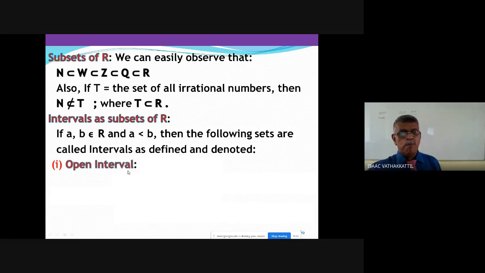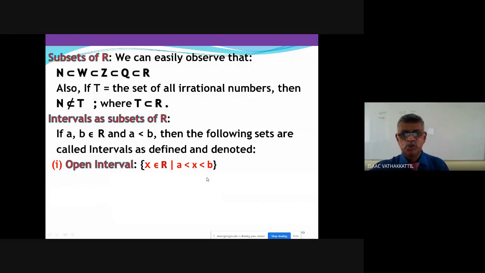First of all, we have open intervals. We have four kinds of interval. One is the open interval. Open actually means it is open from both the ends. Set of x in R such that A less than x less than B. That means the set of all real numbers between A and B. Remember, it is not including A, it is not including B. But those numbers which are more than A and less than B are members of this.